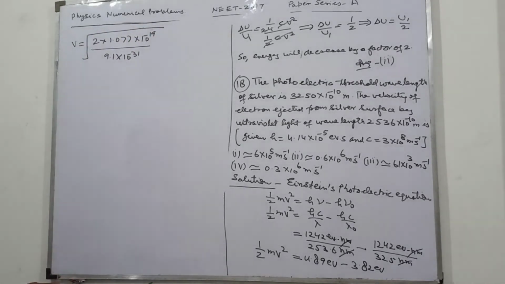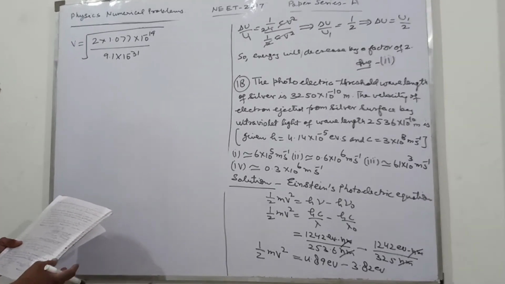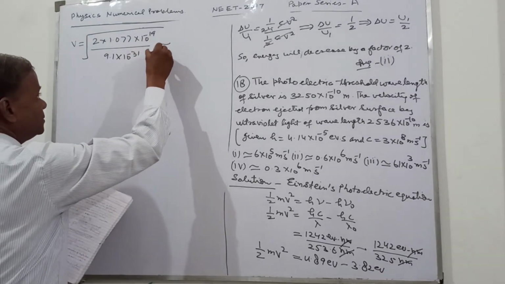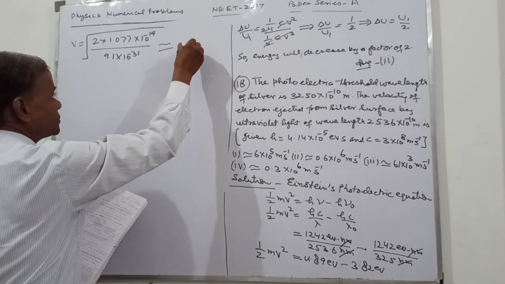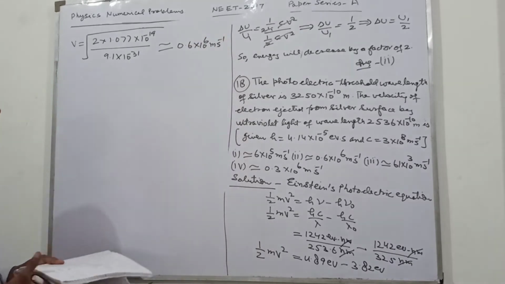So now you can calculate and find this one. So this will come out to be approximately 0.6 into 10 raised to the power 6 meter per second.